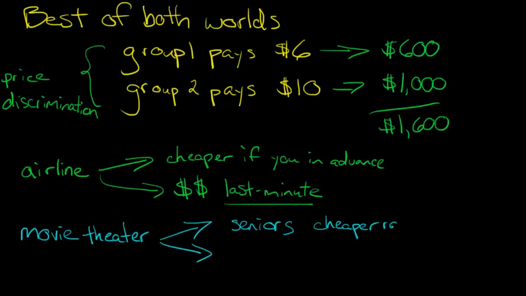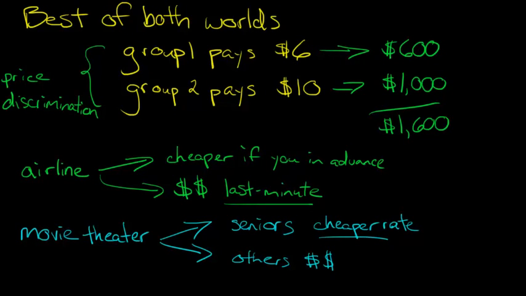So if you're just somebody who shows up, and you're 30 years old, not a student and not a senior citizen yet, you end up paying $12 or something, whereas a senior citizen, who might be on a fixed income, or a student, who doesn't have much money, gets a cheaper rate.